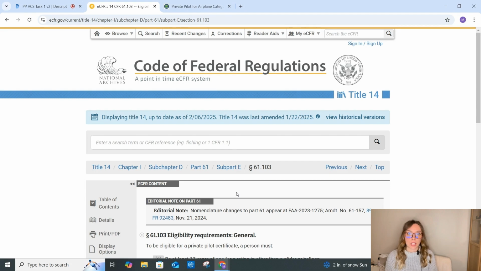Another recommendation I received that I started doing is to have that same FAR AIM on iPad. There's an app version of it, and you have to pay for it. I know you could just look this up for free, but with the app version you're able to highlight things and take notes, and it also updates every time a regulation is changed.